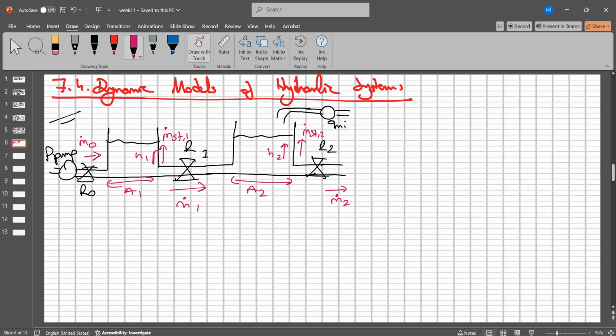But in order to solve these equations, we need to write the analogy of the electrical models. If we have the pressure values in here, what is the analogy of this pressure in the electrical one? Yes, this is the voltage, and so we can build the ground in here, and also the P pump or V pump.